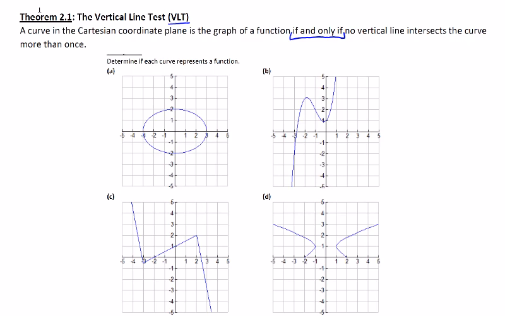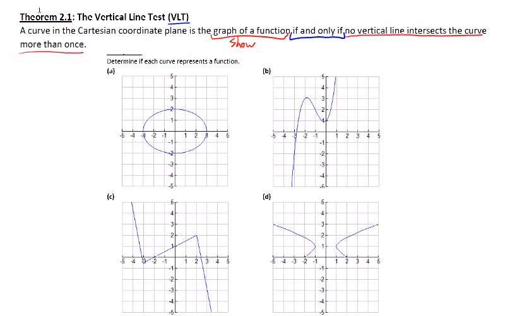So the way that this theorem is going to be used for us is that we are going to be trying to show that a graph is a function. So this is what we're trying to show. And in order for us to be able to show that, we have to be able to prove that no vertical line intersects the curve more than once.